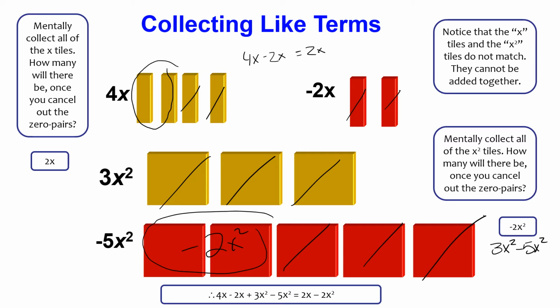So collecting like terms, if you look at the very bottom equation I've put in there, we had 4x here, and we had a minus 2x there, and we had a positive 3x squared, and then we had negative 5x squareds. All together, we collected all the like terms, and we were left with 2x and negative 2x squared, or minus 2x squared. So this is what we were left with. We collected the like terms, and what's really important to understand is what's like and what's unlike here.